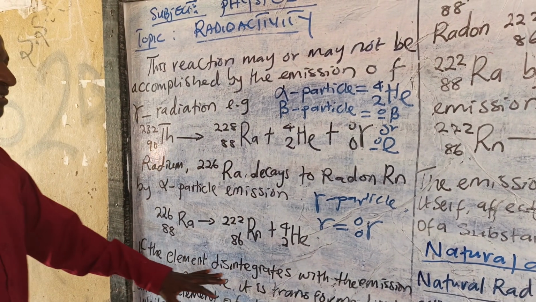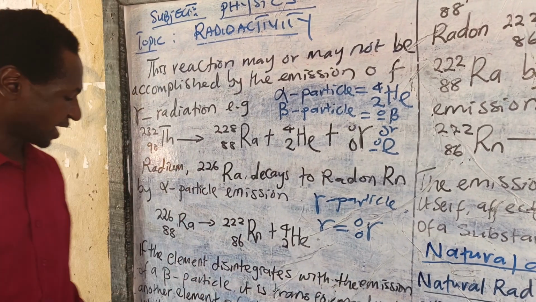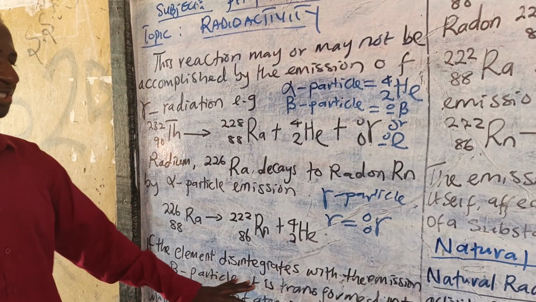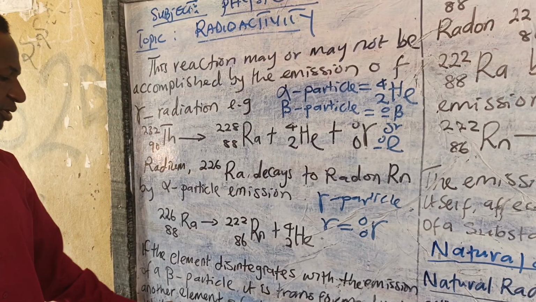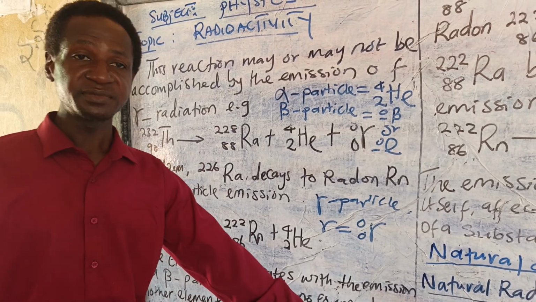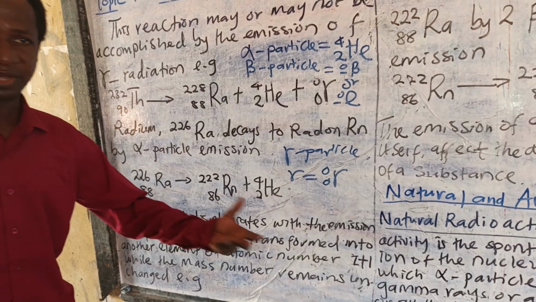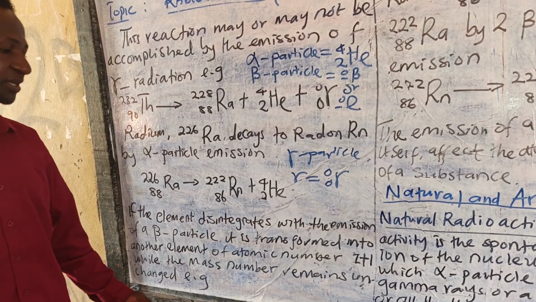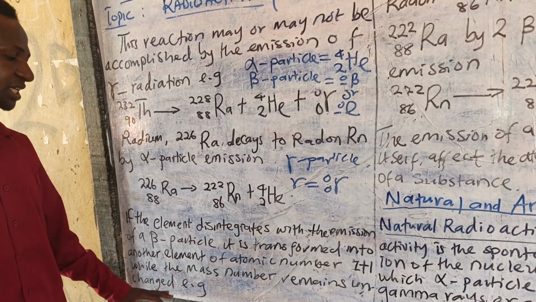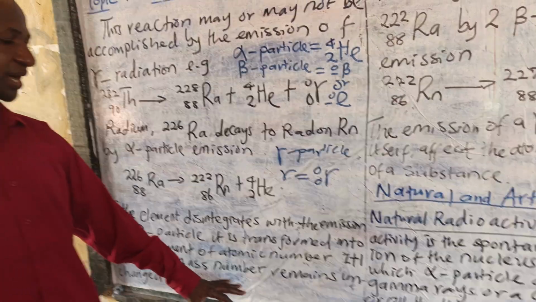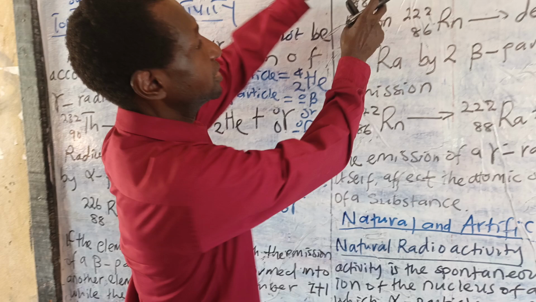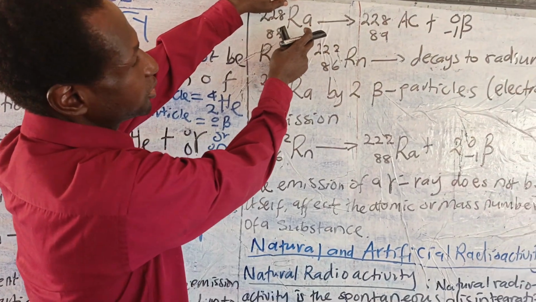So if an element disintegrates with emission of beta particles, it is transformed into another element of atomic number Z plus 1. The mass number remains unchanged. Look at it. This is radium, 88 in atomic number.